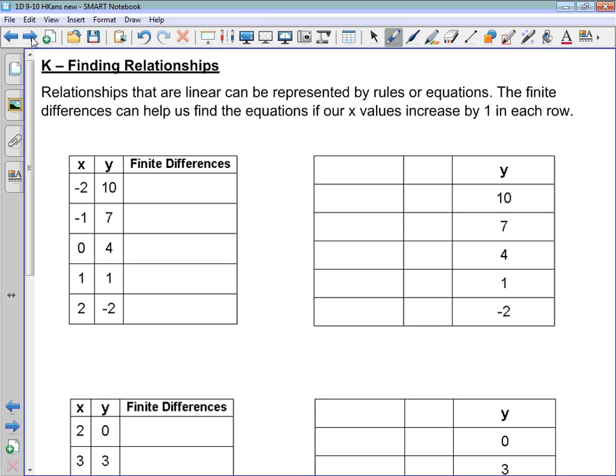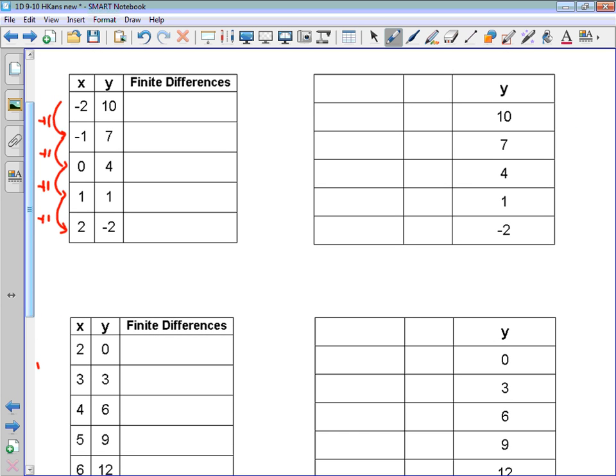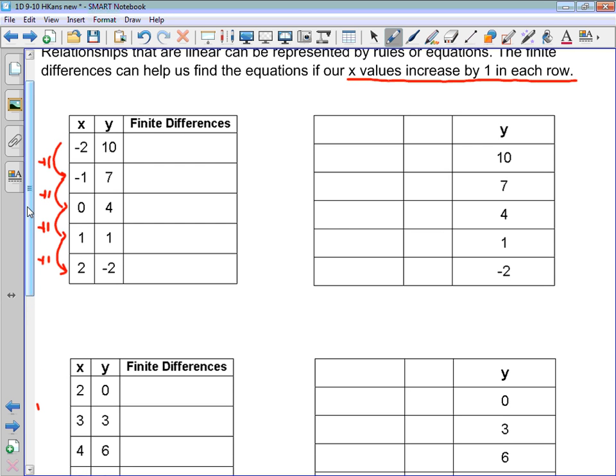What we want to make sure of is that our x values are increasing by 1 in each row before we even start. So let's take a look. Yep, this is going up by 1, by 1, by 1, and by 1 each time. So we're good in terms of those x values.